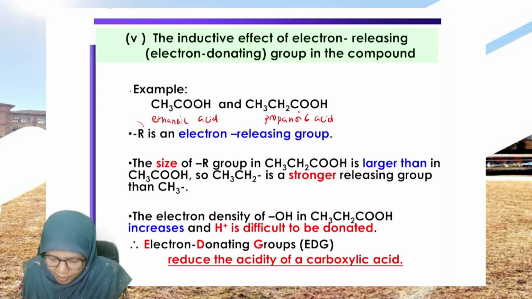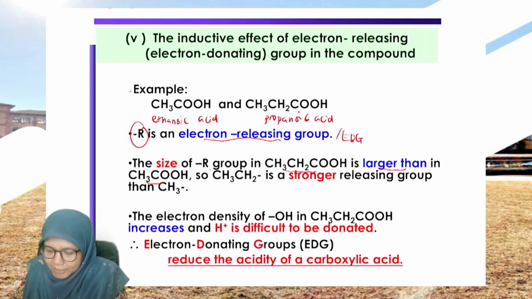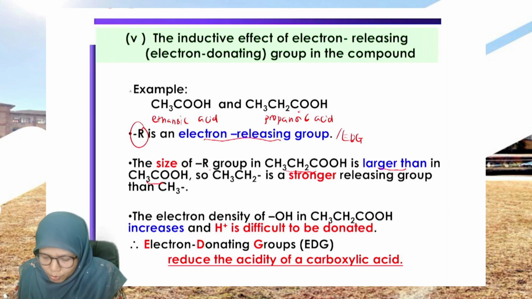Okay, R ialah electron releasing group ataupun EDG lah. Okay, so the size of R group in propanoic acid is larger than in ethanoic acid. Betul lah, sebab yang ini ada 3 karbon kan. Ini EDG dia lebih besar lah. Okay, so CH3CH2 is stronger releasing group.